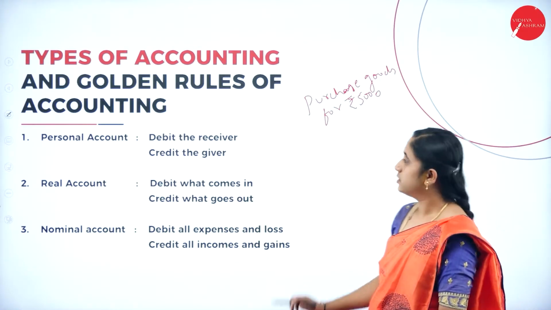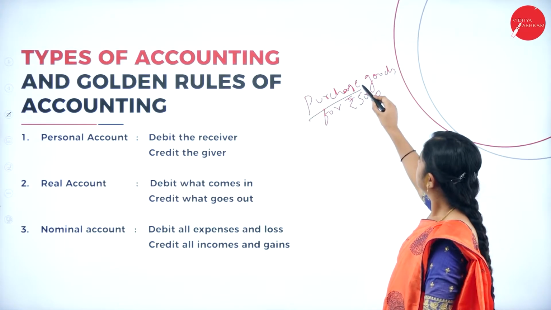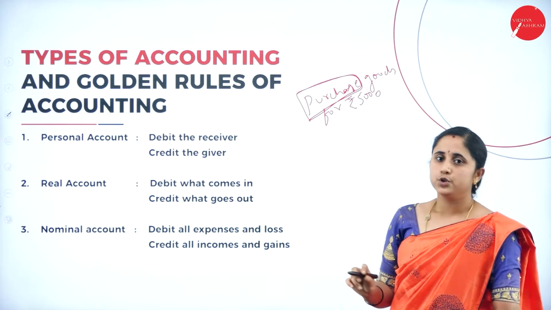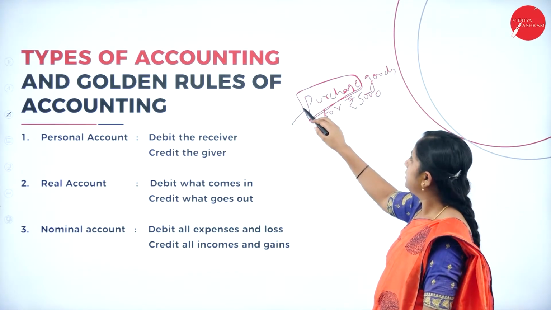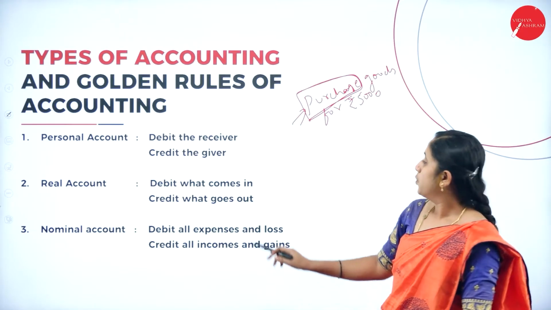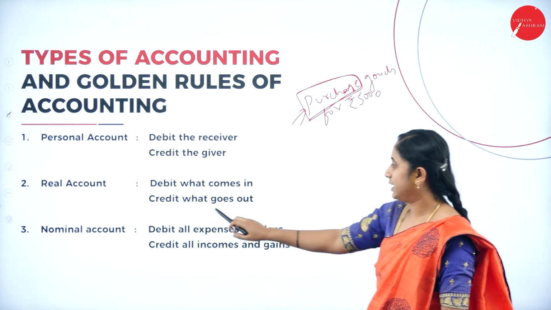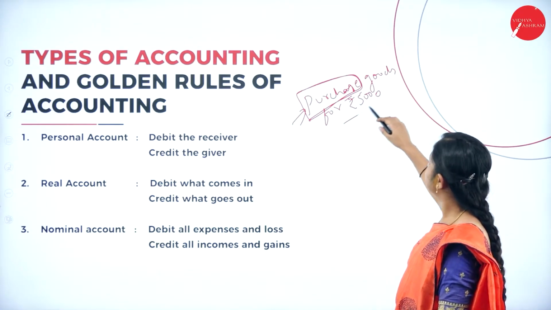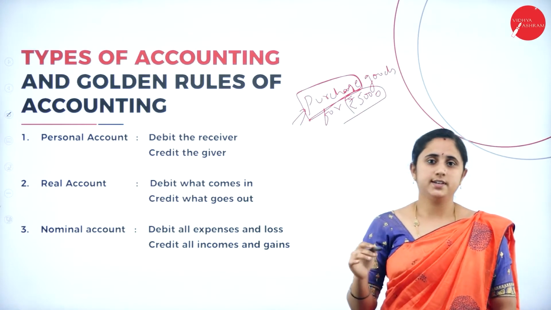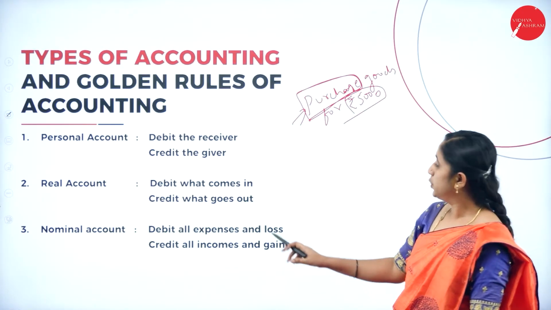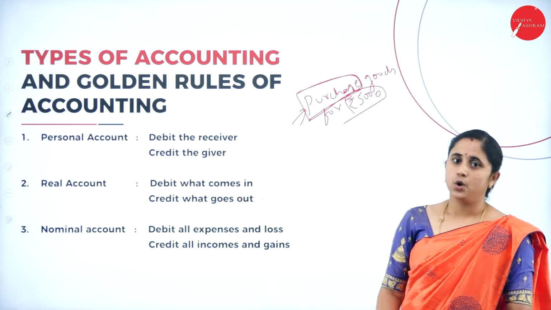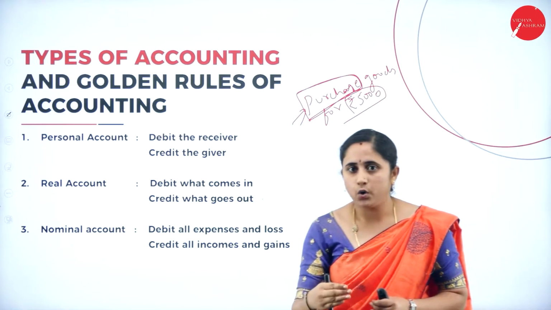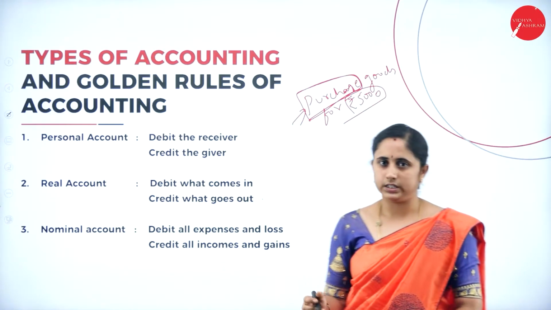Here, the asset, the purchase, is coming in, so you need to debit the purchase. Credit what goes out. Here, you are paying cash of rupees 5,000. Cash is going out, so you need to credit cash. What is coming in, you need to debit, and what is going out from the business, you need to credit.